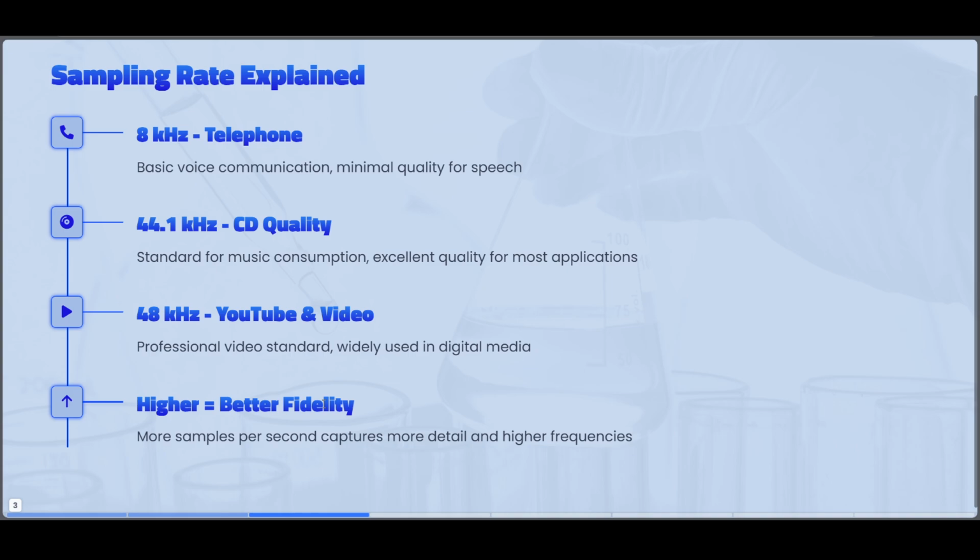One thing we have to keep in mind is that the higher the sampling rate, the better the fidelity and quality. More samples per second capture more detail and higher frequencies. So a higher sampling rate means a more accurate representation of the original audio.